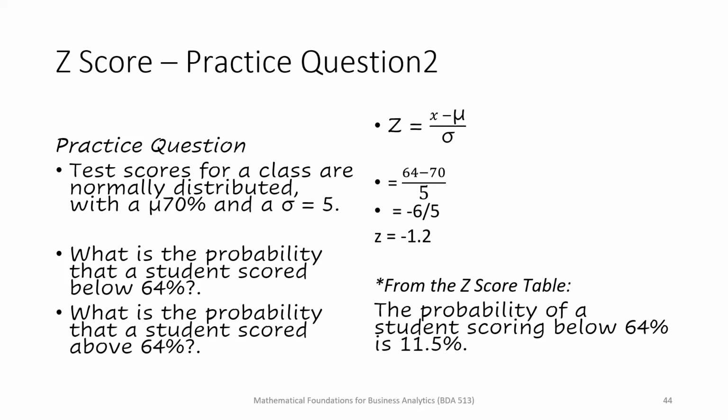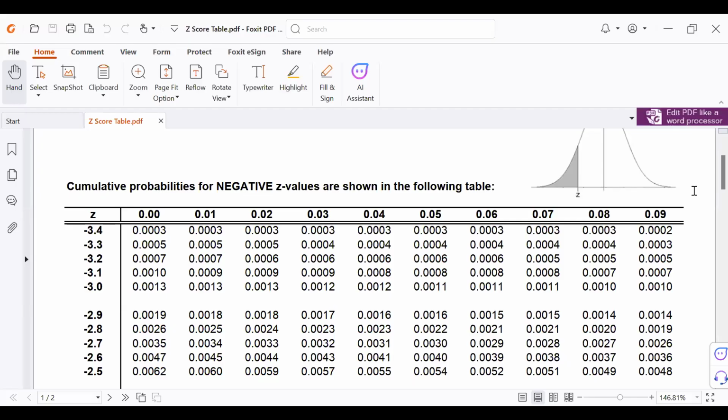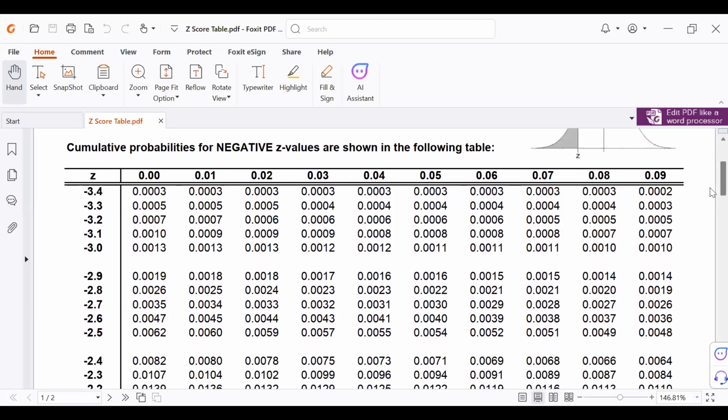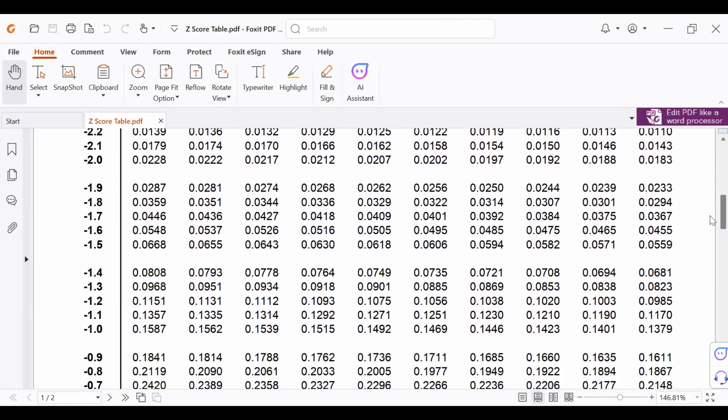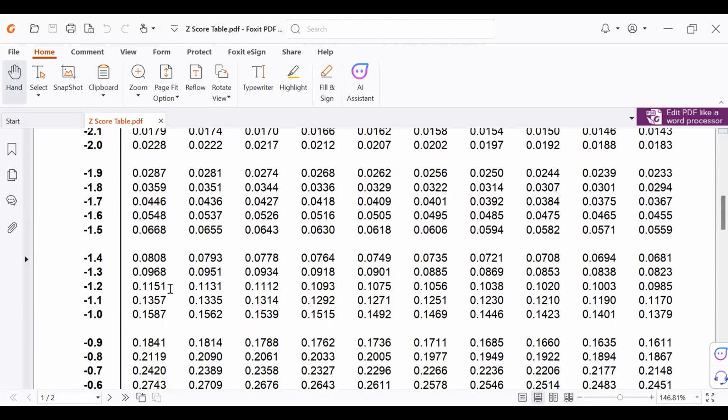I don't get you. So the first one, when we calculated, we had negative 1.2. So the negative 1.2, we went to the z-score table. We are using this bell-shaped curve, the one that is outside the critical region. Negative 1.2 gave us 11.5.